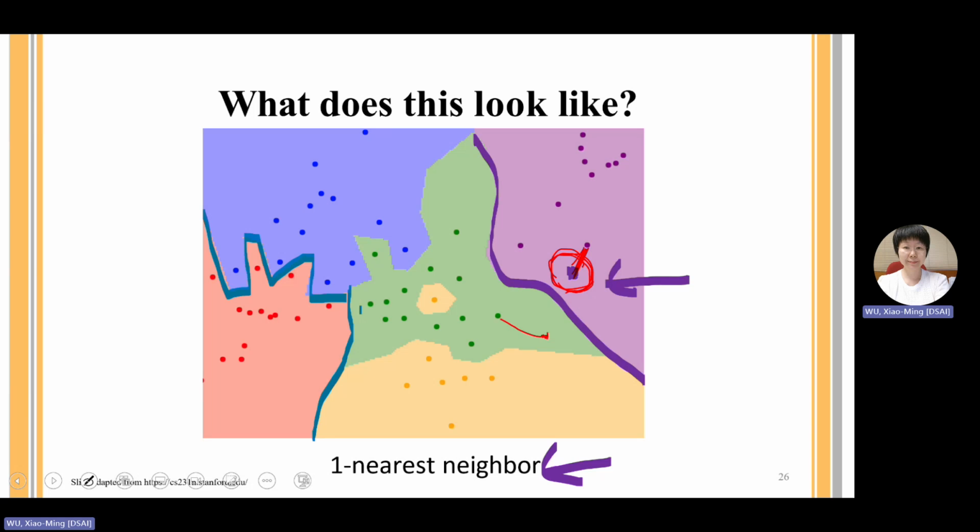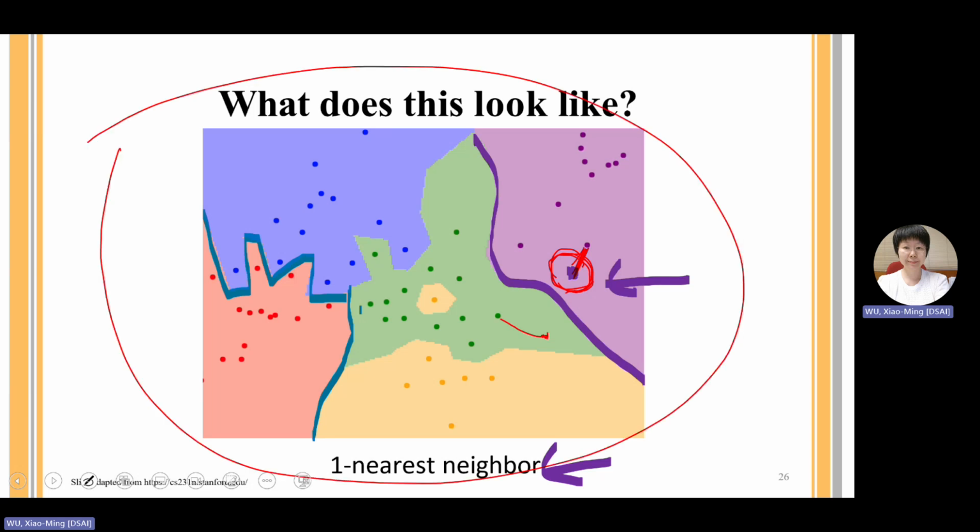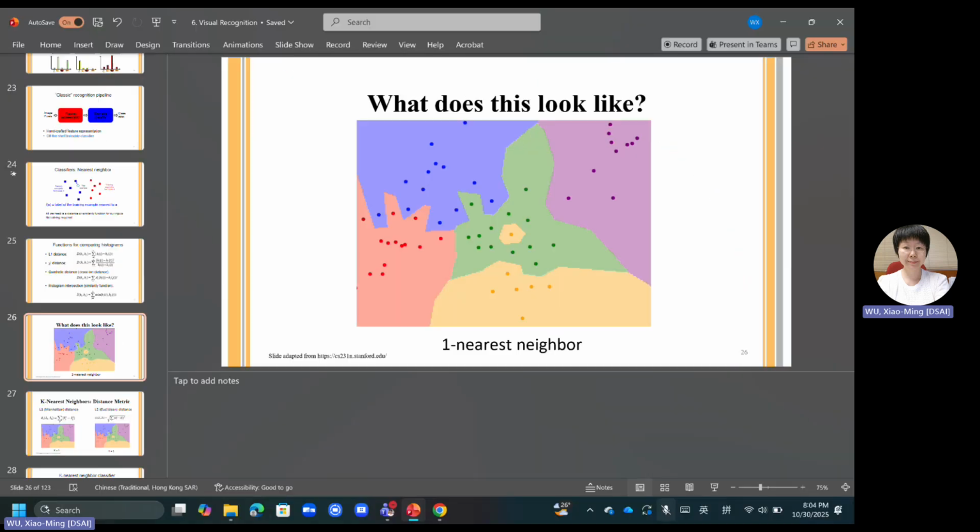So the color regions correspond to the classification results for all the points on this 2D plane.